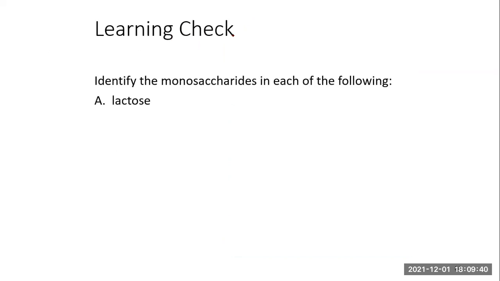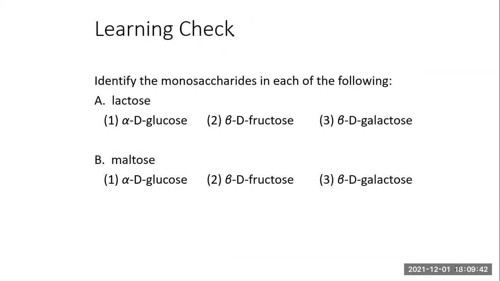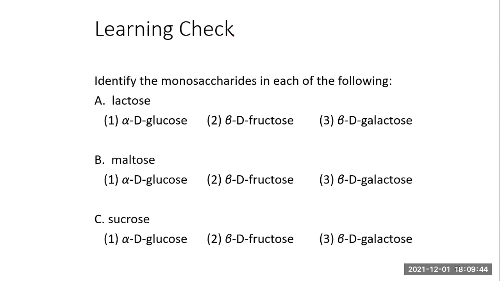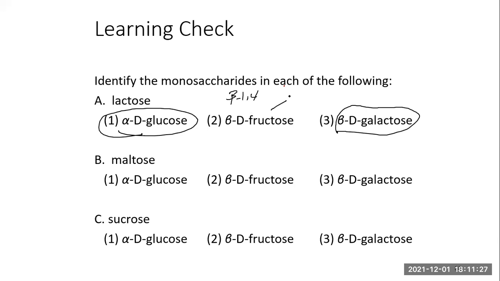All right, so take a second here and determine for each of these disaccharides what the correct monosaccharides are that are part of it. Glucose molecule. And remember, this is the one that is held together by the removal of water, and it makes our beta 1 4 glycosidic bond, the one that looks like it is going upwards there.